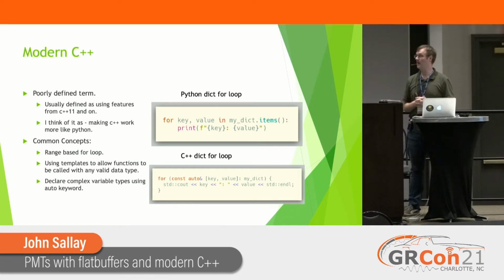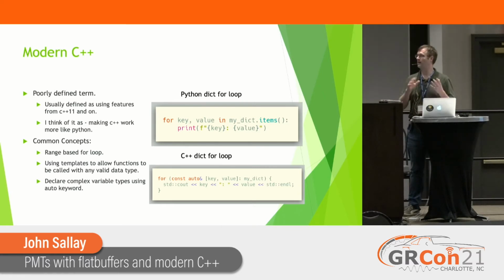Some of the really common concepts that you're going to see in code that describes itself as modern C++ is it's going to use range-based for loops, which look like Python for loops. It's going to extensively use templates to make it so you can call functions with a wide variety of types, kind of like Python duck typing.